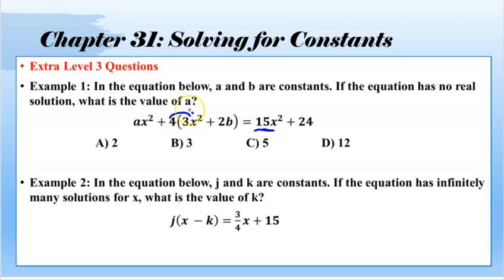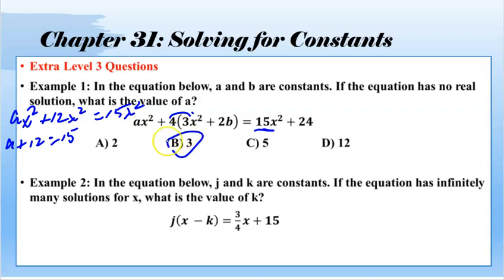That means if I distribute the 4 here, I'm left with ax squared plus 12x squared. That has to equal 15x squared. So if I take the x squareds out, I'm left with a plus 12 equals 15. To get a by itself, I subtract 12. 15 minus 12 is going to give us 3. So B would be our correct answer here.